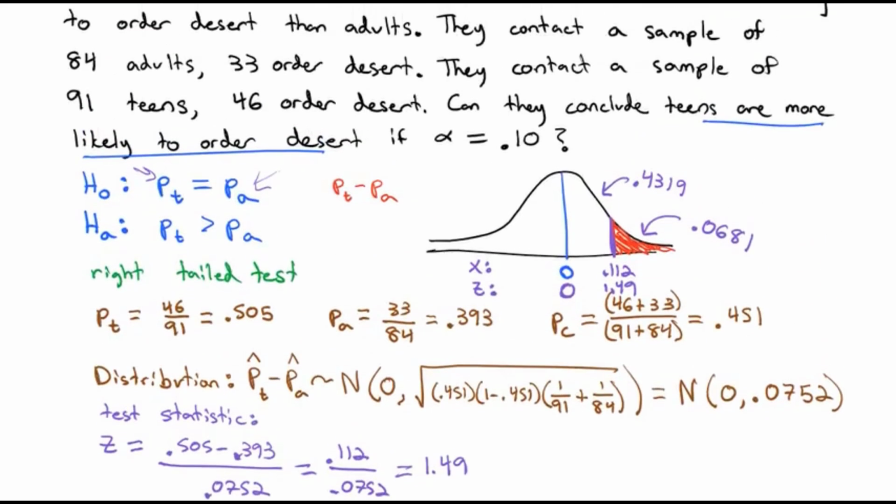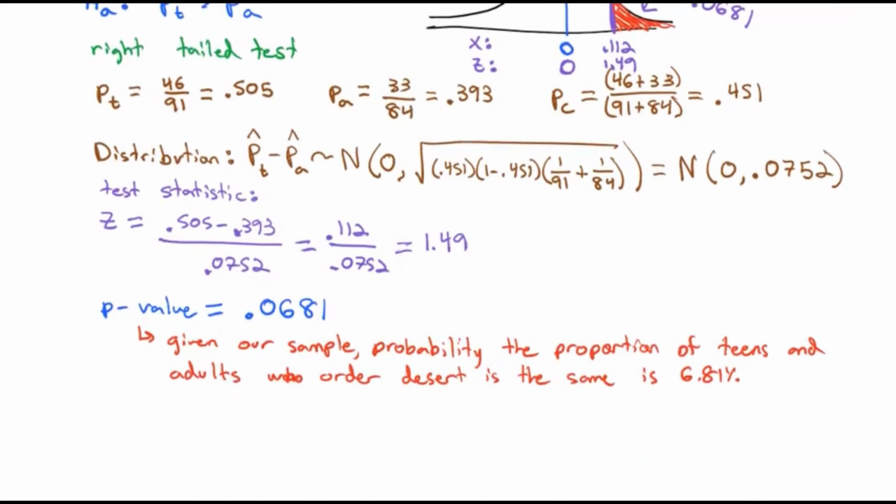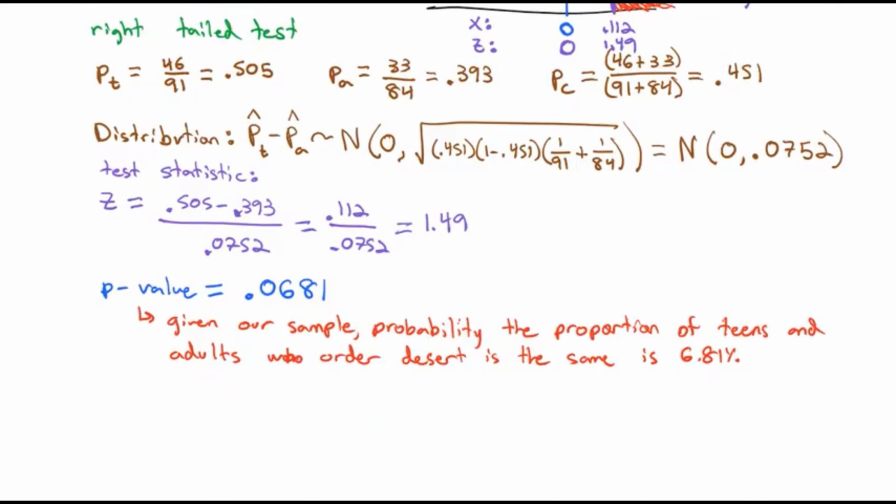We said we wanted our alpha to be 0.10, which means we will believe the null hypothesis. We will believe the proportions are equal as long as the probability is bigger than 10%. We got a probability of 6%, so our decision is to reject the null hypothesis.